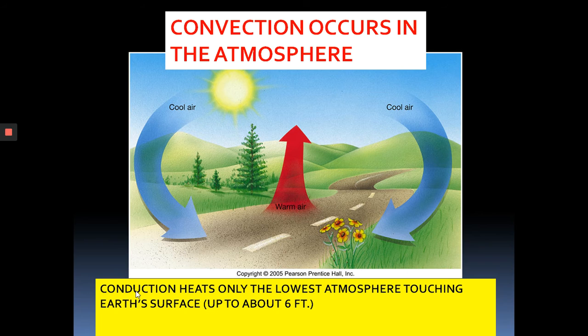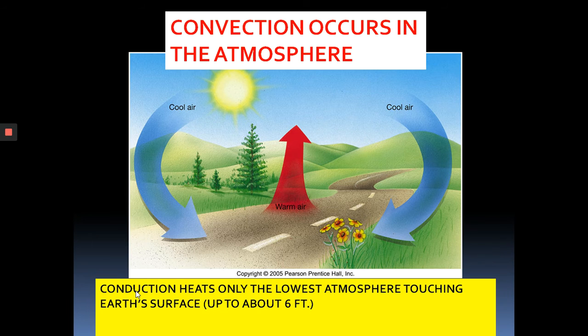Conduction is the energy transferred by the actual molecules, but only through vibration or collision. So the matter does not move, only the heat energy moves. This can only work for the lowest atmosphere touching our surface, typically up to only 6 feet.